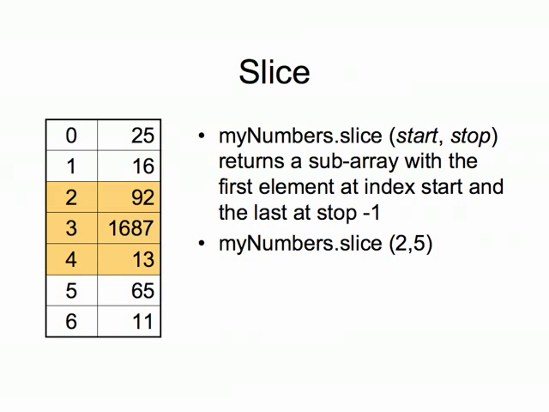This allows the end point to be the starting point of the rest of the array. So myNumbers.slice(2, 5) will evaluate to a smaller array that has the contents of 2, 3 and 4 in it, not 5. So this will be an array with 3 elements, the first one 92, the next one 1687, and then the last one will be 13.